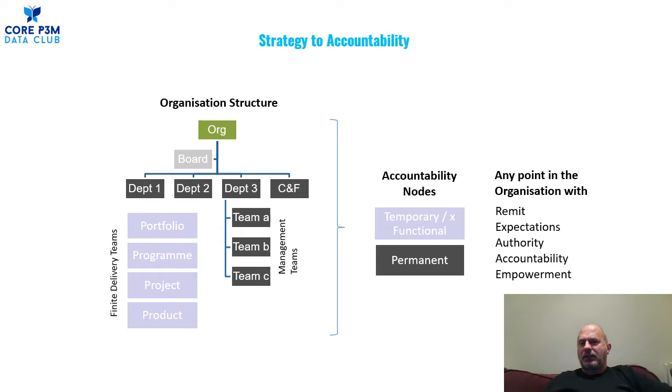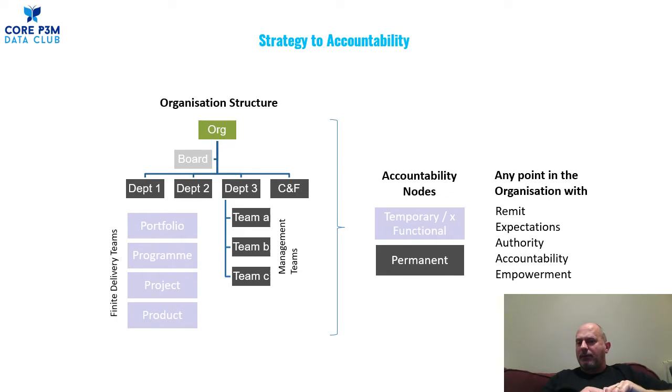We need to understand what is going to be accountable as well. Clearly, most of us work in an organisation that has an organisation structure, a hierarchy, and it's made up of permanent entities, teams, departments, etc., and it may well have finite delivery teams, project teams, program teams, product teams.